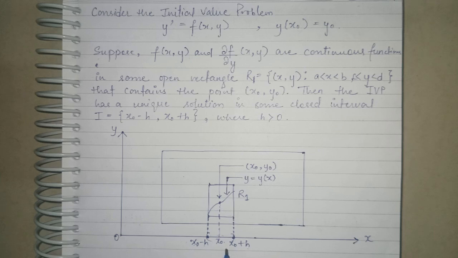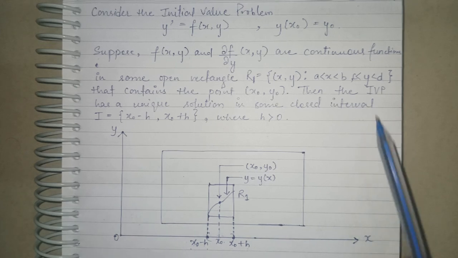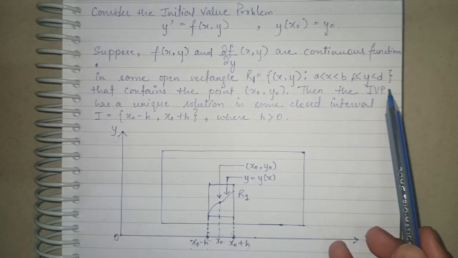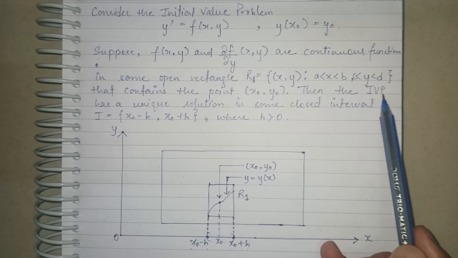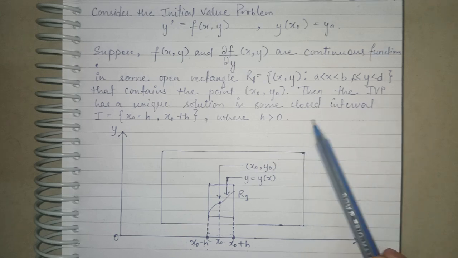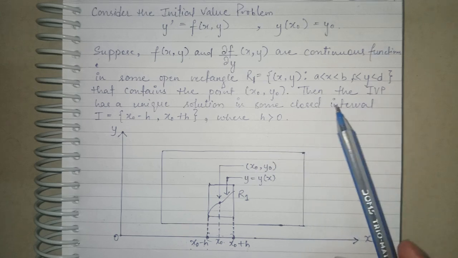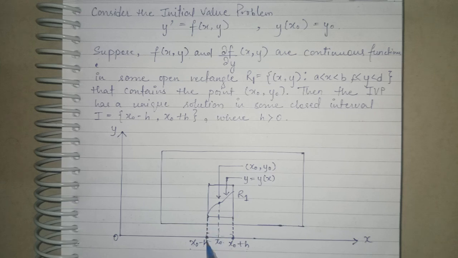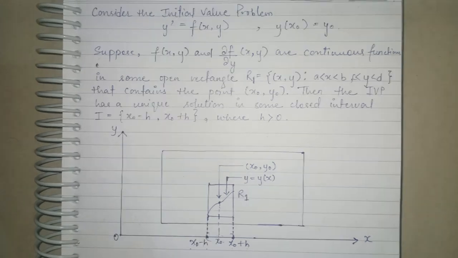So the initial value problem will have a unique solution in the closed interval I equals x naught minus h to x naught plus h.